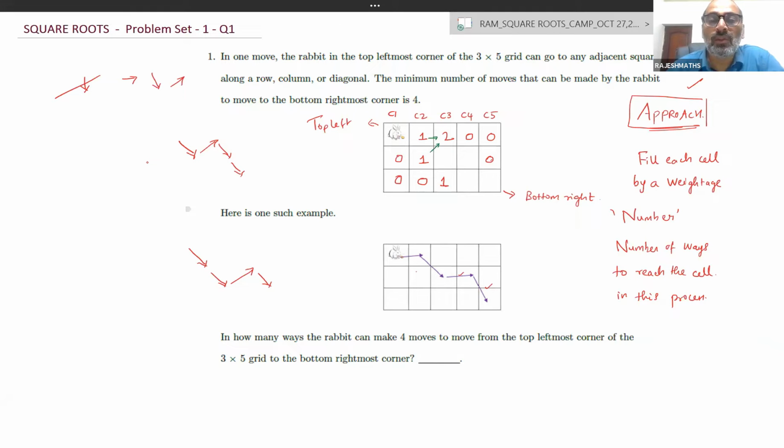What about this number? 1 plus 1, 2. What about this number? 2 plus 3, 5. What about this number? 2 plus 1, 3. What about this? 5 plus 3? 8. So the answer is 8. So the factorial and all will not work. You may actually try.